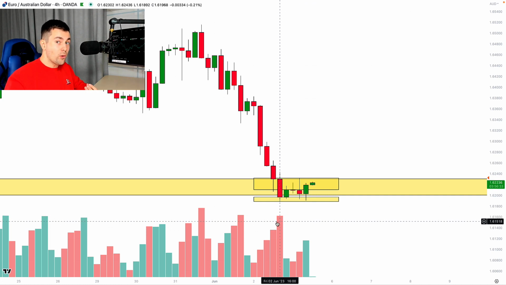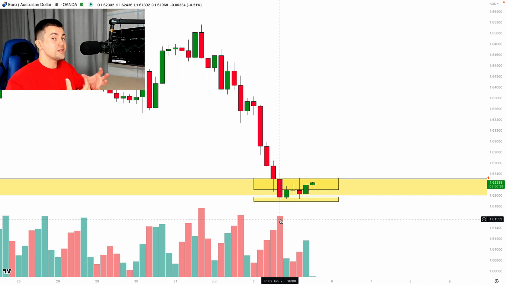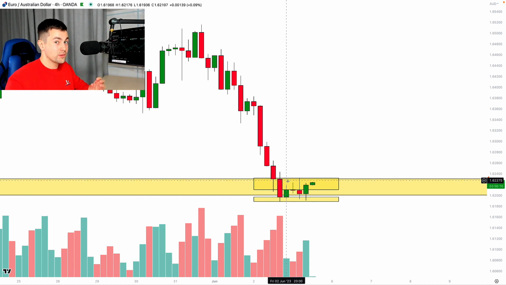These volume spikes mean that someone is placing big orders, and within that very narrow range, the money are changing hands. Here we see some important activity.